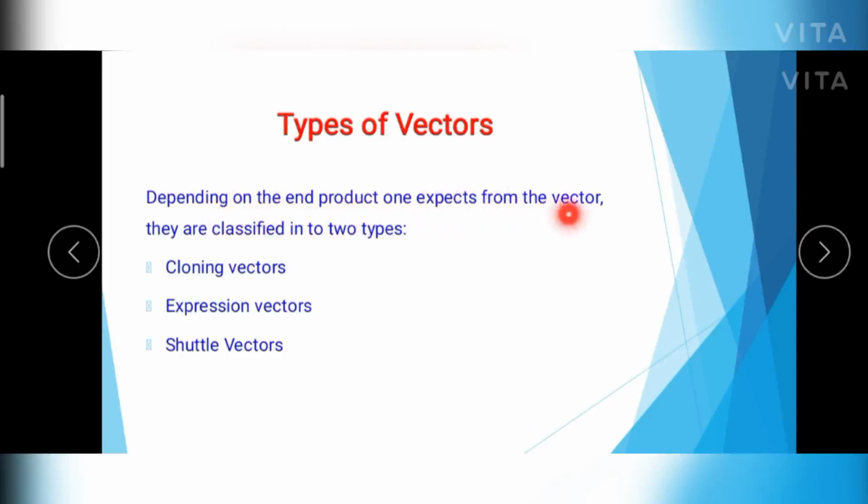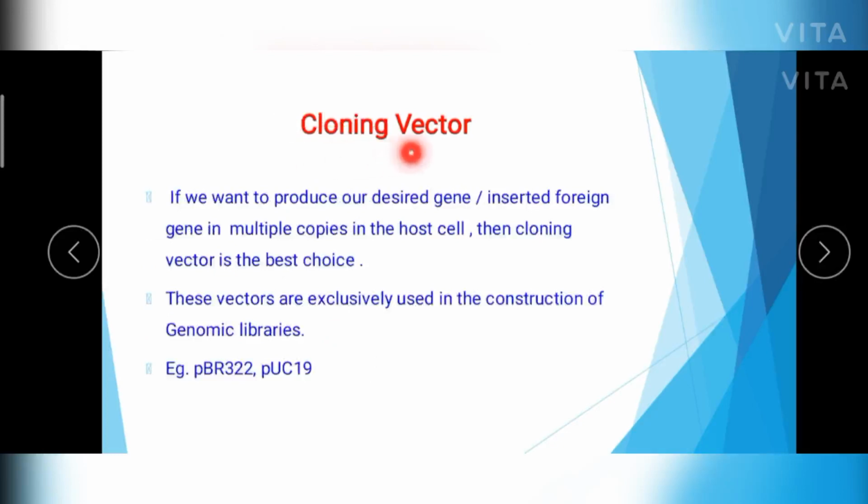Depending upon the end product one expects from the vector, vectors are classified majorly into two types: the cloning vector and the expression vector. Apart from these two, you will also be studying shuttle vectors in the coming slides. Coming to the first example, the cloning vector.